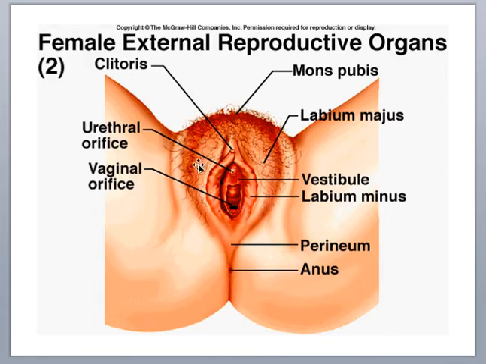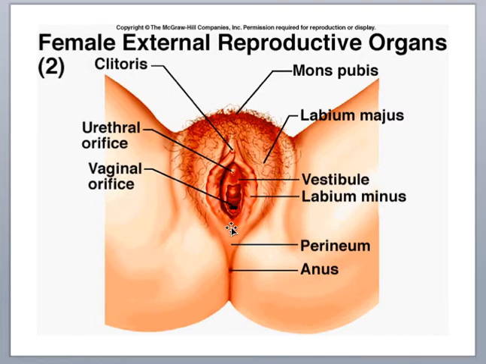Labia majora help protect the delicate external reproductive organs, as well as enclose and protect the urethral orifice, which is anterior to the vaginal orifice, which is posterior. Here's the labia minora, smaller folds, with the same function to protect the urethral orifice and vaginal orifice.